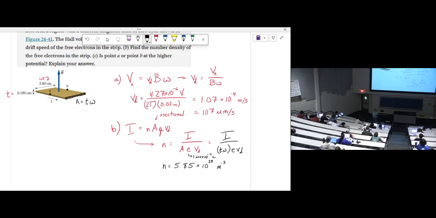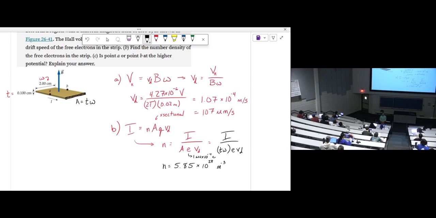Now, is point A or point B at the higher potential? We know that the potential difference from A to B is 4 point whatever microvolts, right? Which one is at higher potential, A or B, in terms of the Hall potential? I don't remember, this is not an odd numbered problem, so the answer wouldn't be in the back of your book, but the solution in their solution guide is actually wrong on this one.